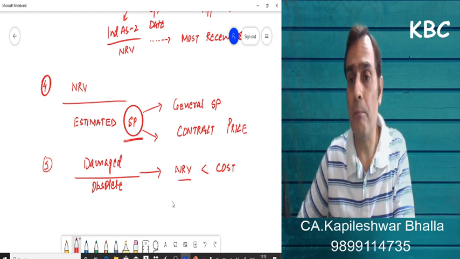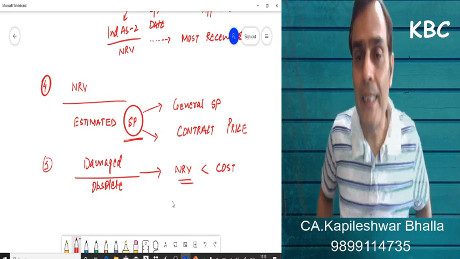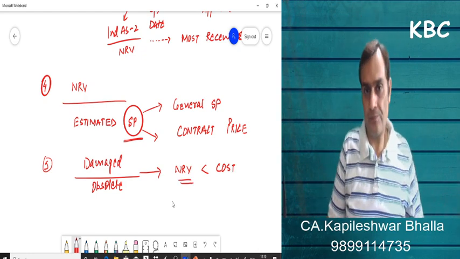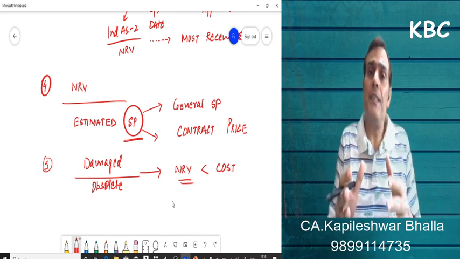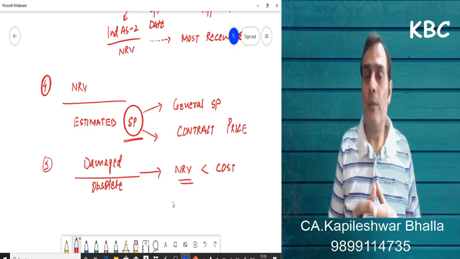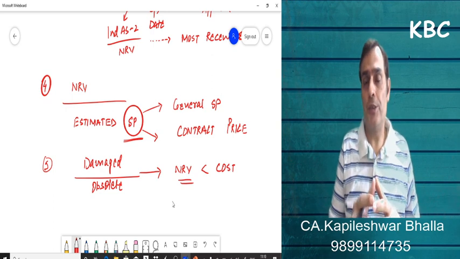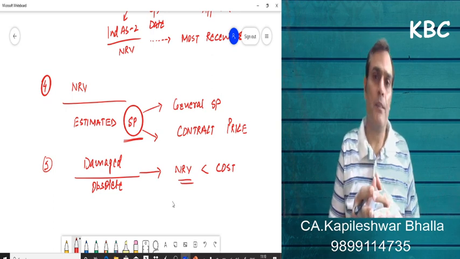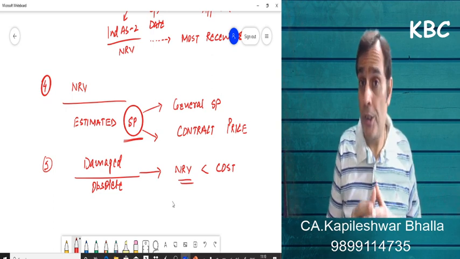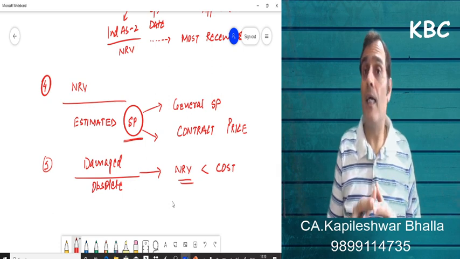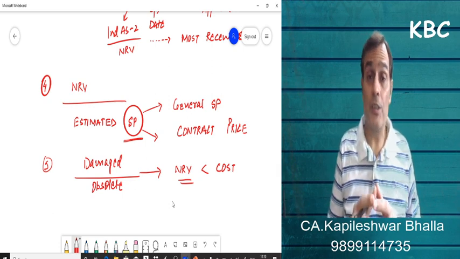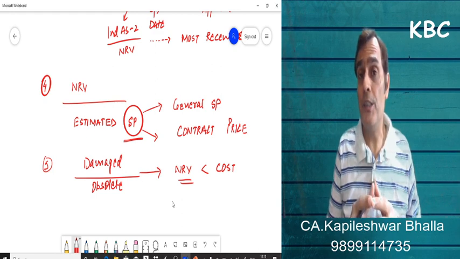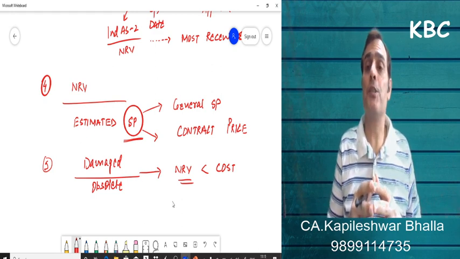So we will end up measuring the inventory at net realizable value. In all those cases, when the inventory is obsolete or damaged, there will always be a general belief that the NRV is lesser than cost. So damaged and obsolete inventories would invariably be measured at NRV.